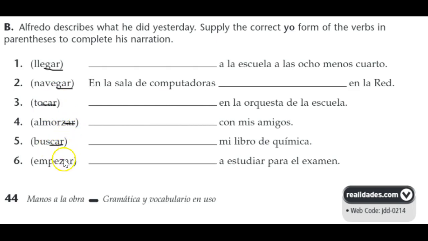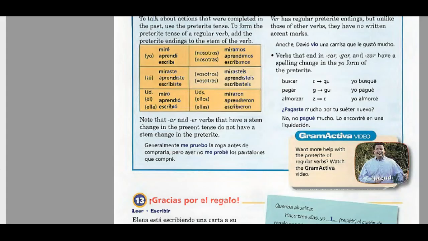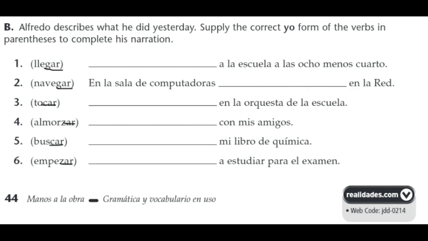These are all going to be irregular, aren't they? Remember from your book, these special verbs have spelling changes in the yo form only. So you see how they're trying to get you to practice that difference? Okay? So we have to think about it. We have to be careful.